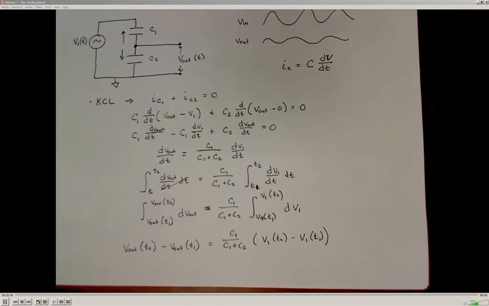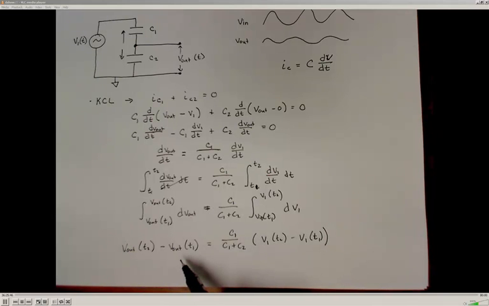Okay. So what this tells us is that the output voltage is just going to be a scaled value of the input voltage at a given time. Most of the time, the application that we're going to be looking for is we're going to somehow try to make this output voltage at time 1 equal to 0.